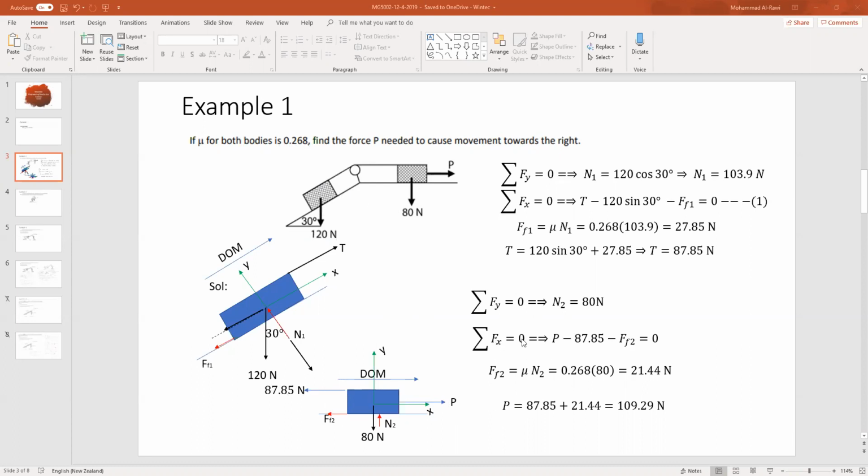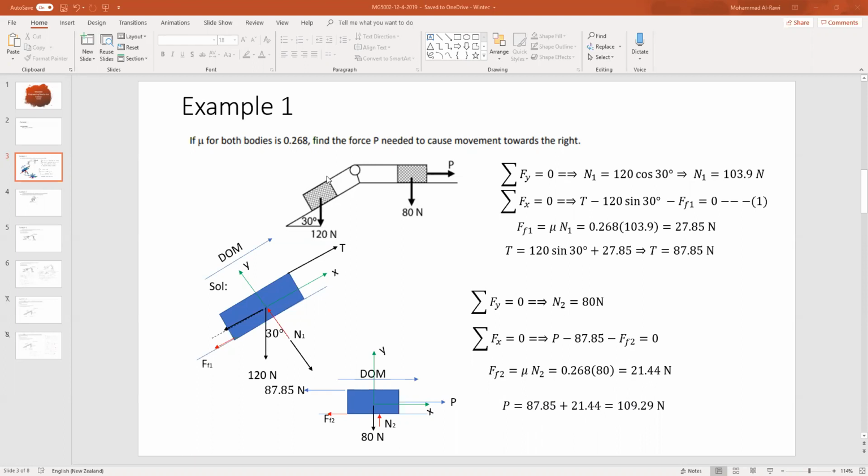You do these steps by algebraic summation of forces in x and y. You get the values, substitute, use the friction equation, and at the end you calculate the minimum requirement to start the movement, which is 109.29.